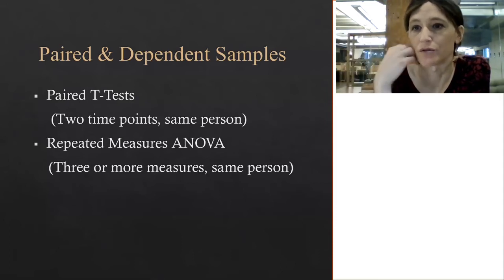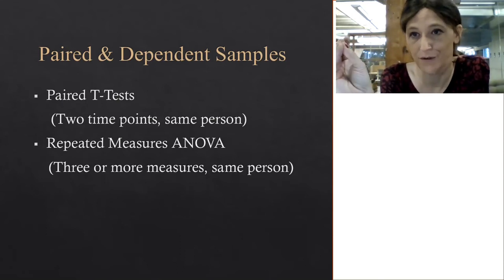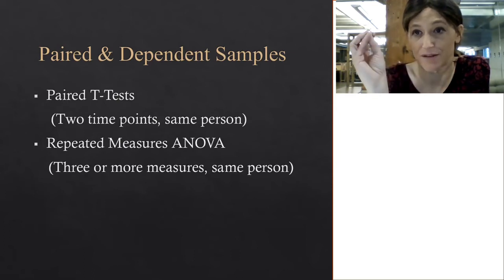We may want to, however, do a different type of study design where we have the same participants at 2 different time points. Okay, so we have pre-test scores and post-test scores. Well, that actually violates one of the assumptions of the independent sample t-test, where there's no dependence in those groups.